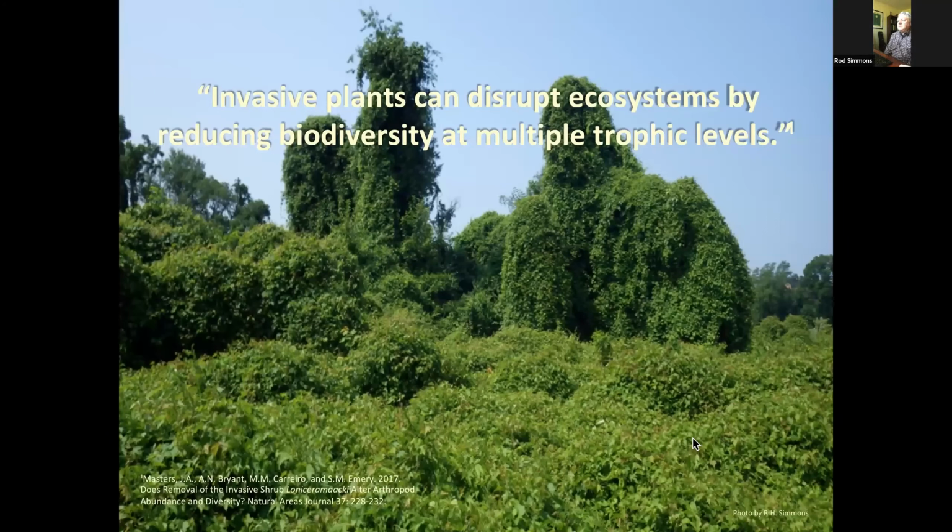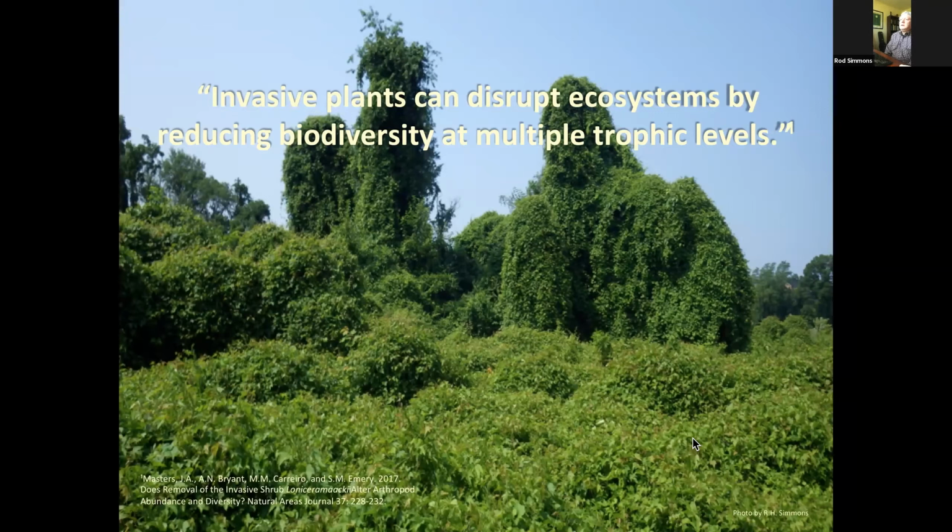Invasive plants can disrupt ecosystems and reduce biodiversity, greatly impacting multiple trophic levels. You've got invasive insects living in areas that have been seriously degraded by non-native invasive plants.